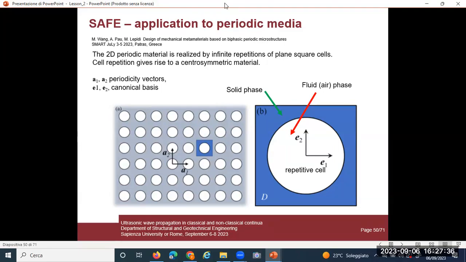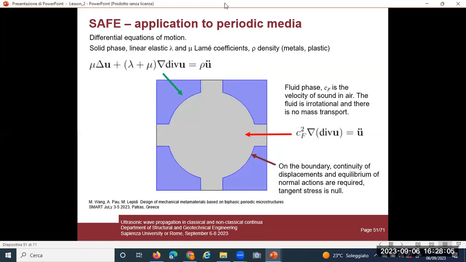Probably many of you know what a periodic material is. A periodic material is realized by infinite repetitions of cells. In this case, these are square cells. In this case, but it's not necessarily true for whatever repetitions, we have a centrosymmetric material. It's got a certain symmetry.